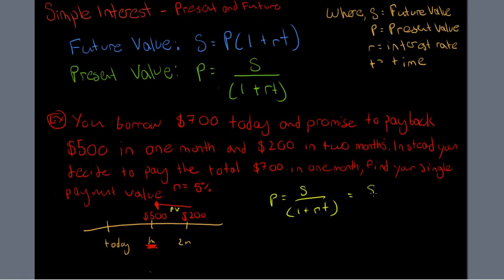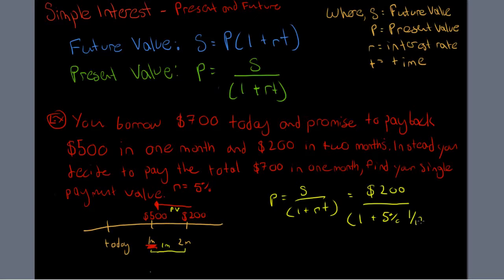Now, we know that our future value is equal to $200, and we know that our interest rate is equal to 5%, and then we need to find our time. Well, the time we're looking for is the time in between the 1 month and 2 month, which is 2 months minus 1 month, which will just be 1 month.